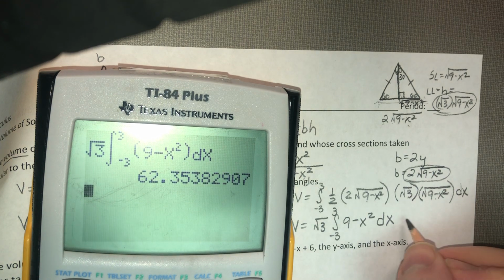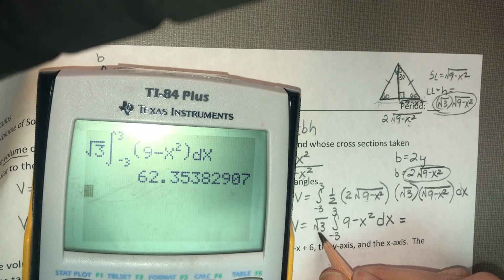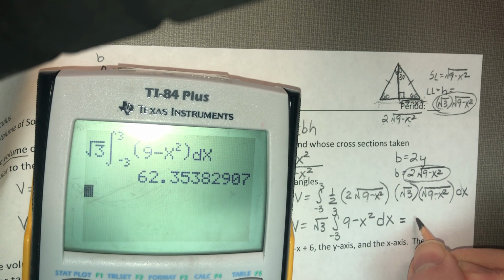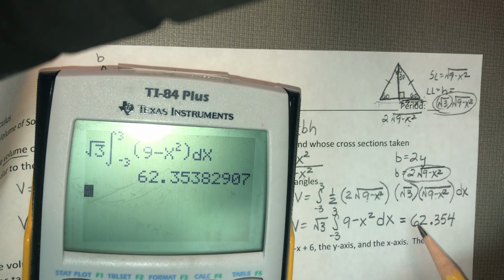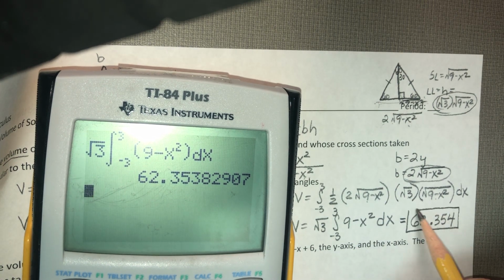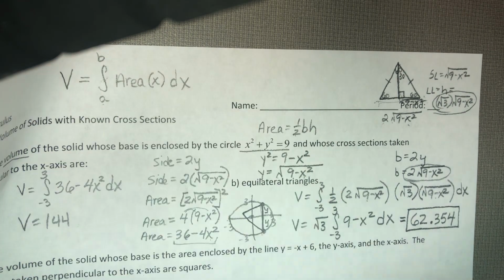So what does this give us? It's a decimal answer, of course, because we're multiplying times the square root of 3, which is an irrational number. So we've got 62.35. That's going to round to 4 after that because the next number is an 8. And we always round to 3 numbers after the decimal place unless explicitly told otherwise.